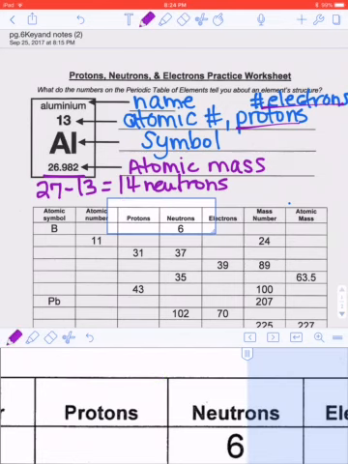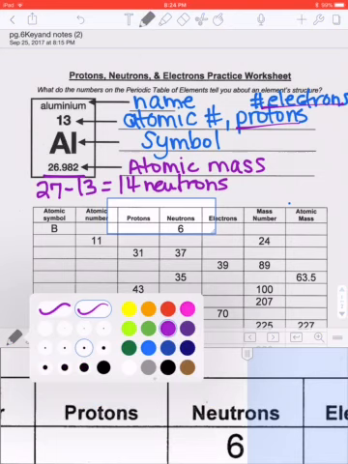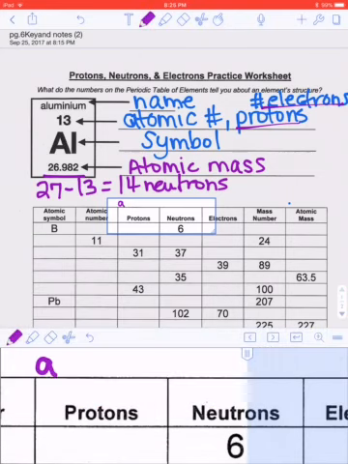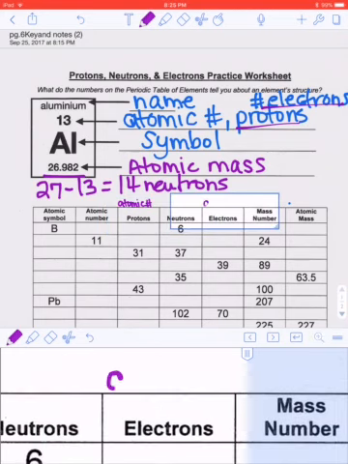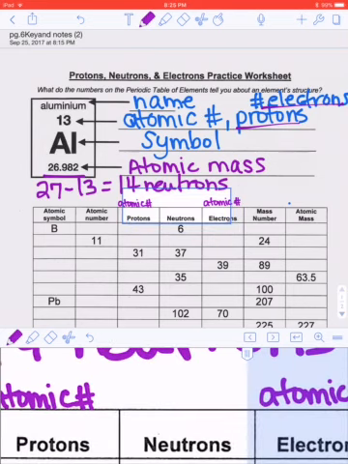Let me do that again. The number of protons is the same as the atomic number. The number of electrons is also the same as the atomic number, because protons are positive, electrons are negative, and we want the charge to be 0.